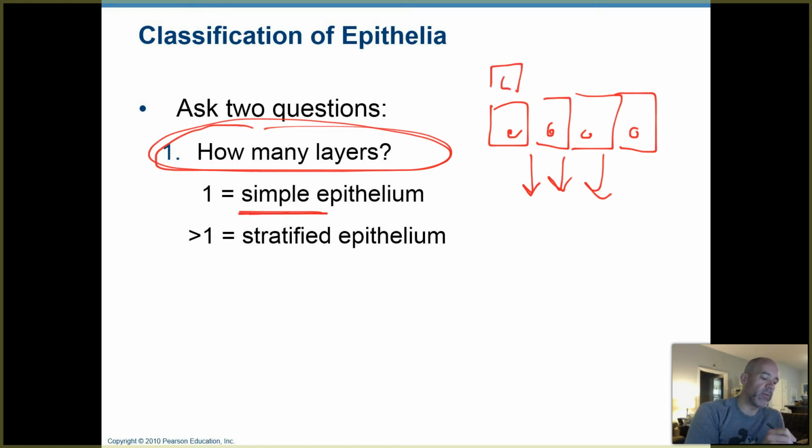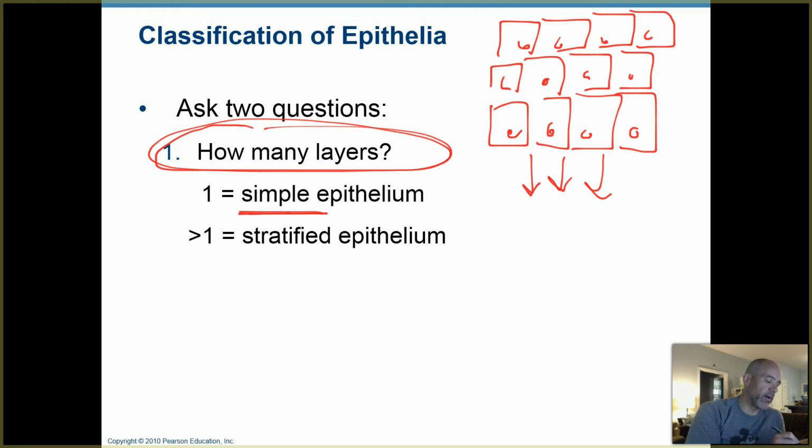If you have multiple layers of cells, all stacked on top of each other, that make up that lining, wherever it's located, then that's called a stratified epithelium. So simple means one layer, stratified means more than one layer, and often it's a whole bunch of layers.